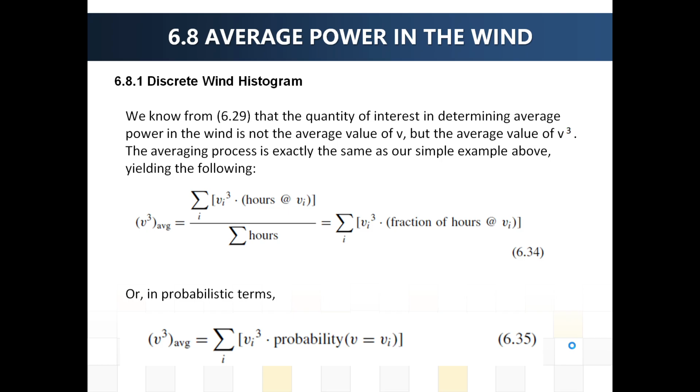So the average value of V cubed is equal to the sum of Vi cubed multiplied by the hours at Vi, divided by the total hours, which is equal to the sum of Vi cubed multiplied by the fraction of hours at Vi. In terms of probability, the average of V cubed is equal to the sum of Vi cubed multiplied by the probability that V equals Vi.